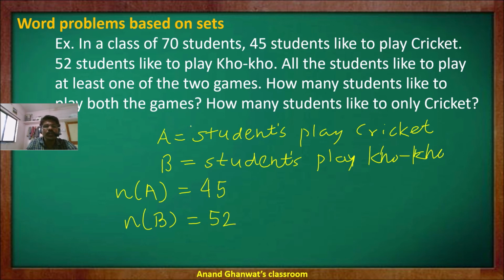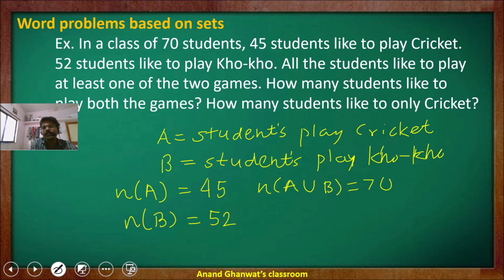And we have also been given here that each and every student plays at least one of the two games. Therefore, n of A union B is 70 here.